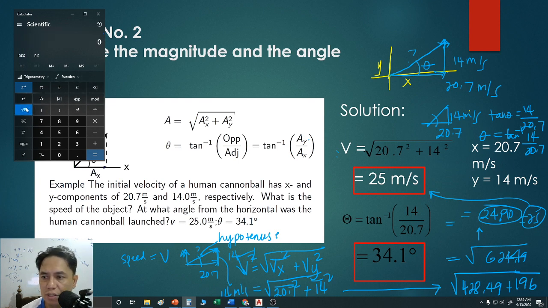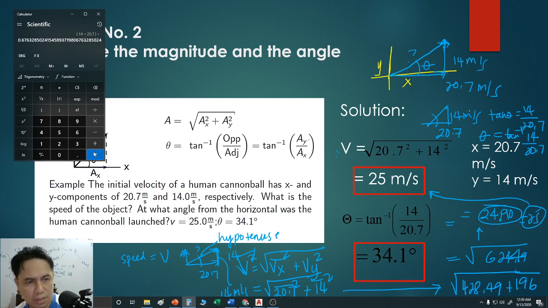Let us clear first. So here we have the sine function and trigonometry, second function. So inverse tangent of what? Inverse tangent of 14 divided by 20.7, close parenthesis. So equals 0.67. Let me jot it down.